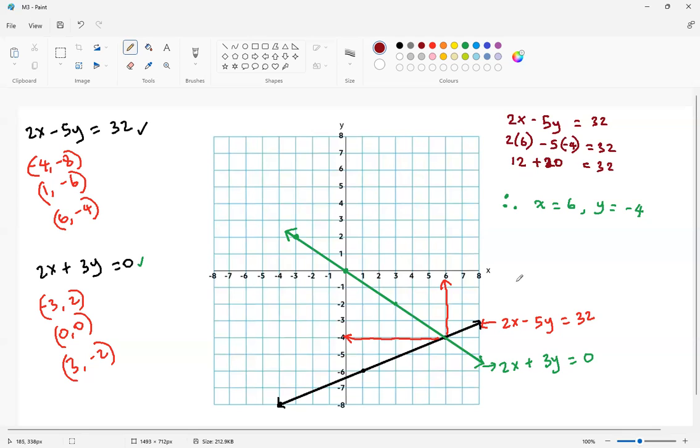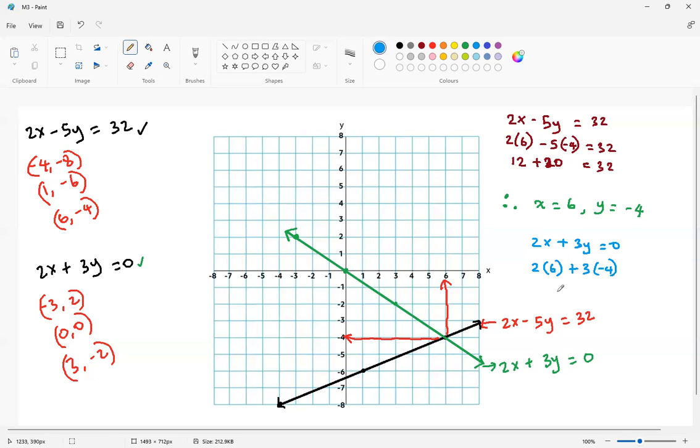Try this. If you have 2x plus 3y is equal to 0, 2 times x, which is 6, plus 3 times y, which is minus 4.